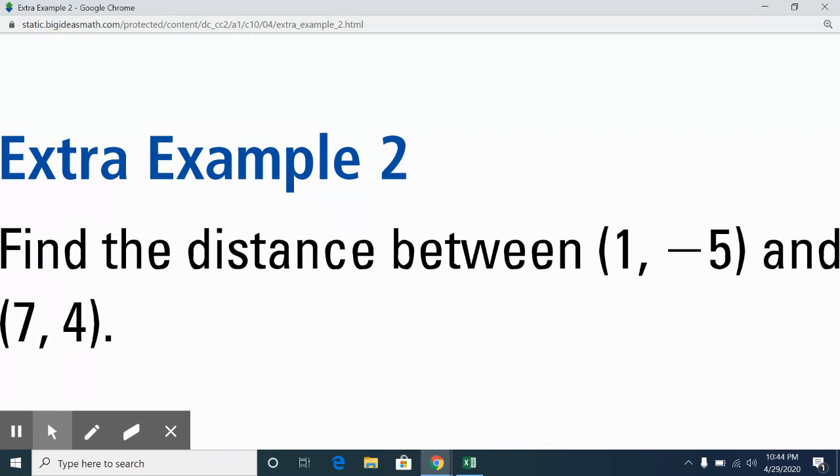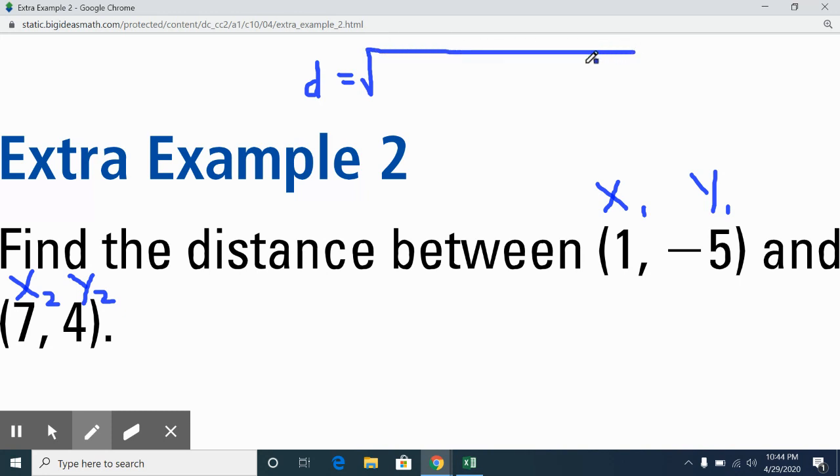We want to find the distance between (1, -5) and (7, 4). First thing I'm going to do is label my points, and I always pick my first ordered pair as x1, y1, my second as x2, y2. Just kind of makes sense to me. I'm going to say my distance equals the square root of all of this stuff.